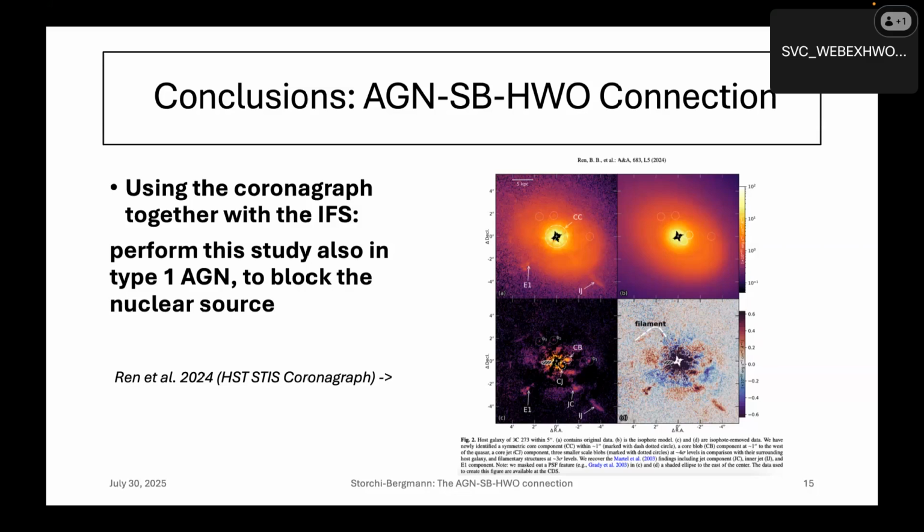I think it is the difference. The difference is orders of magnitude. We see the circumnuclear disks, but we begin to see inflows also in the circumnuclear disks.